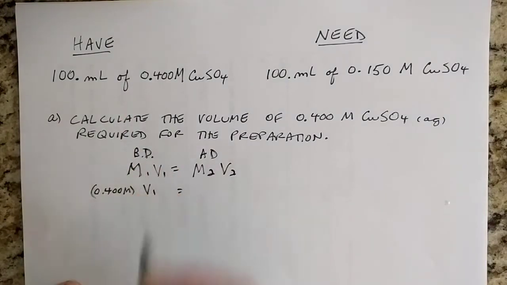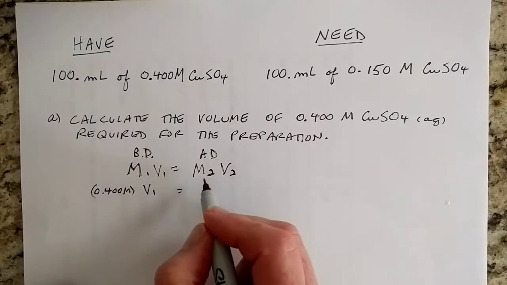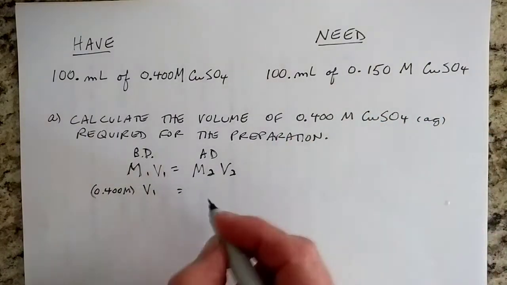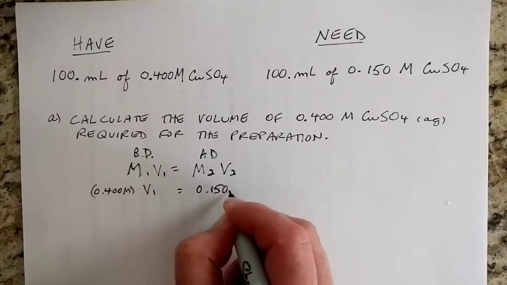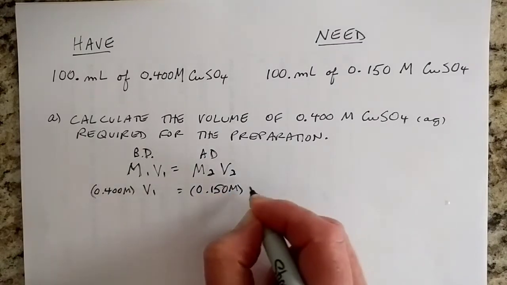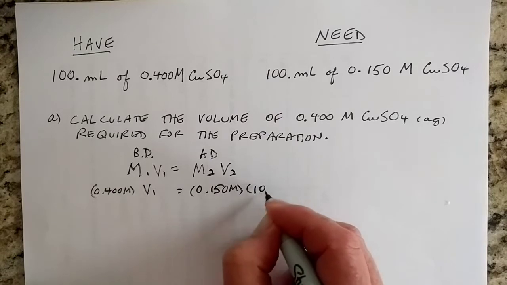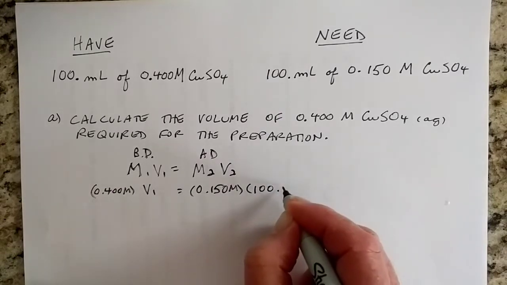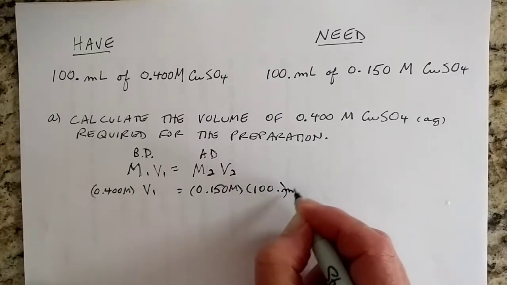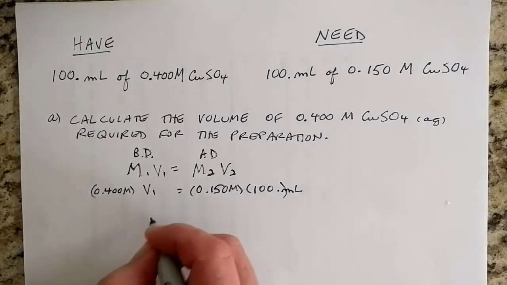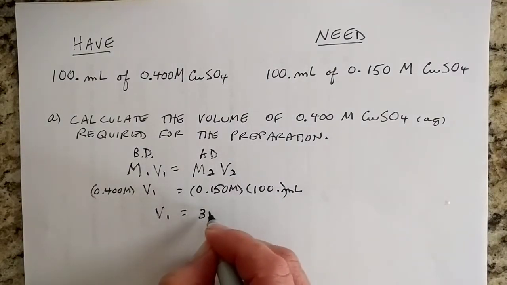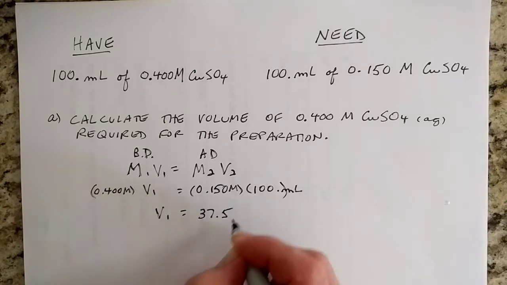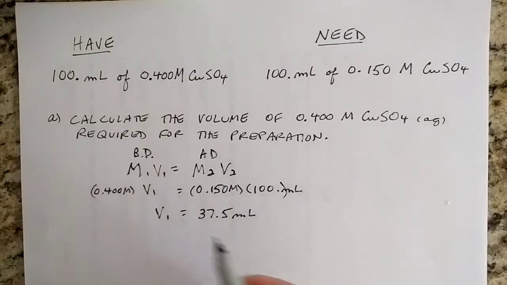That is V1. Equal to what we need is 0.150 molar, and the volume that we need is 100 milliliters. Whoops, I forgot my unit. So now we do the math, and we get that V1 equals 37.5 milliliters.